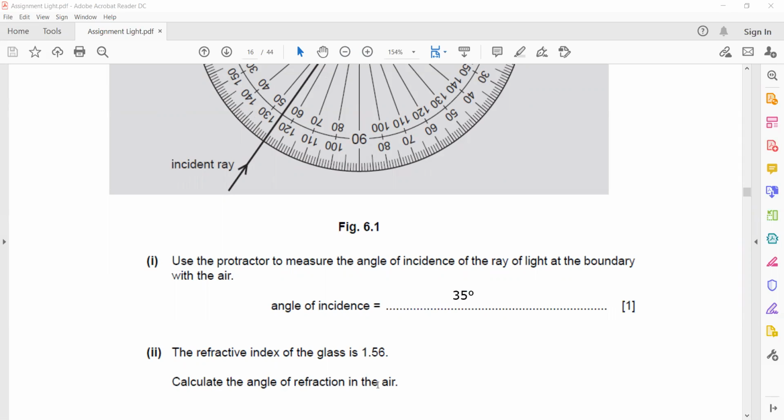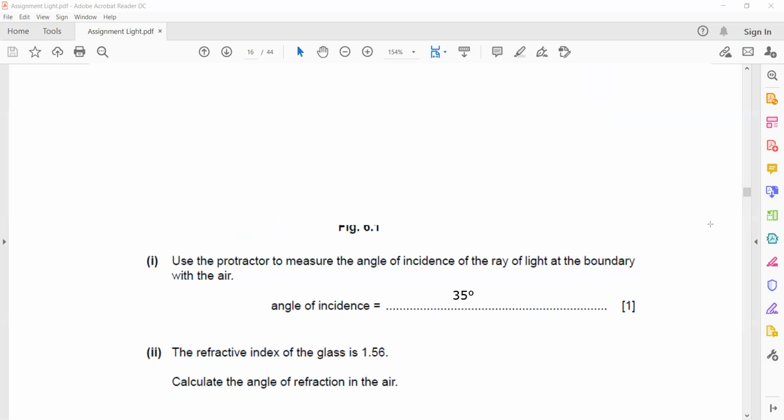The refractive index of the glass is 1.6. Calculate the angle of refraction. In the question, it is moving from glass to air. When the light travels from glass to air, the formula for refractive index is sine r over sine i.